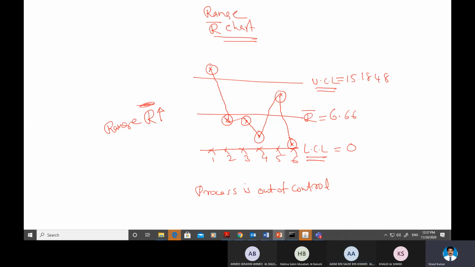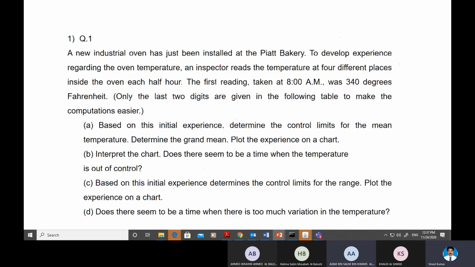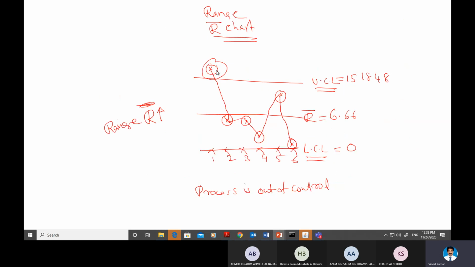It is in 1. See, big change in 1. That is the reason. Clear? Yes, doctor. So yes, at 8 o'clock there is a big variation, because the range is coming as 16, while other ranges are 6, 6, 9, 2, etc. But the first one at 8 o'clock has a big variation, range 16, that is shown here.